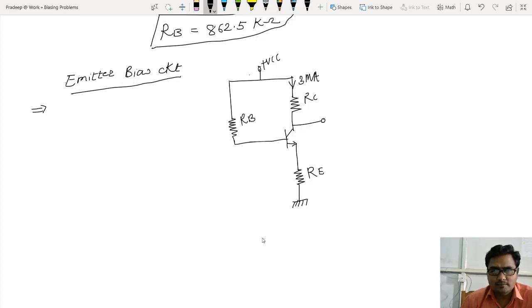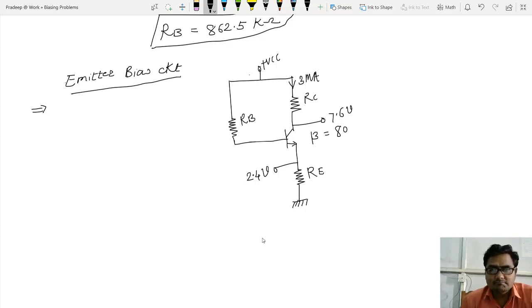The value of collector voltage is given, that is 7.6 volt. Beta for the transistor is given, beta is 80, and the emitter voltage, that is the voltage across the emitter resistor, is also given, 2.4 volt.